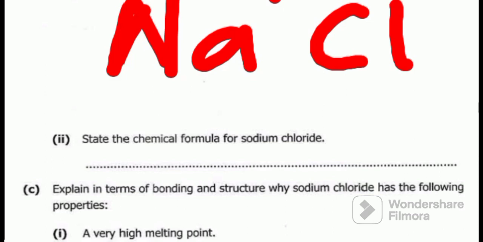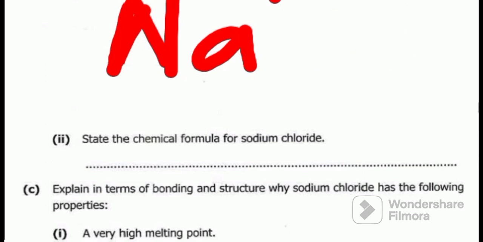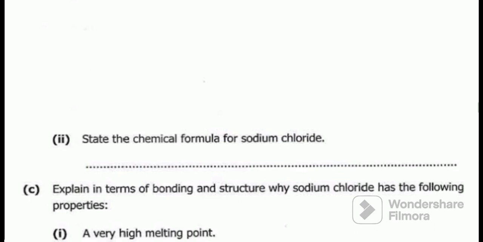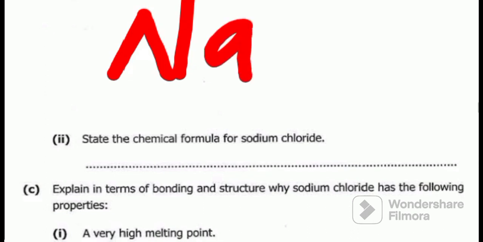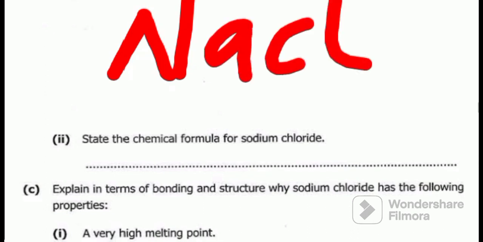The valence of sodium is going to come down to chlorine, and the valence of chlorine, which is also 1, is going to come down to sodium. These ones are not even necessary. So the chemical formula of sodium chloride is just NaCl.